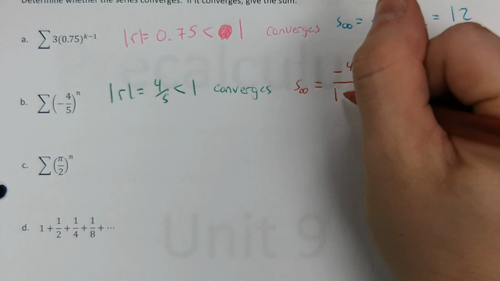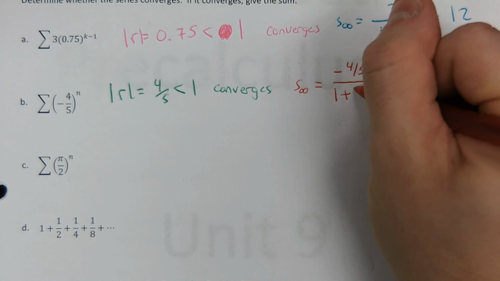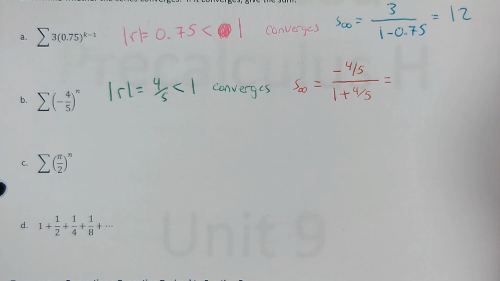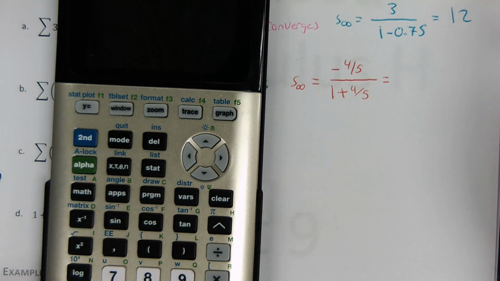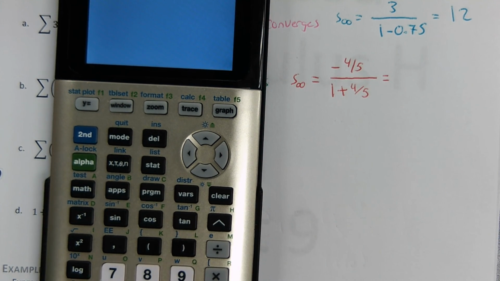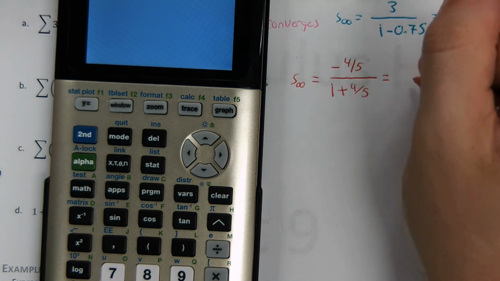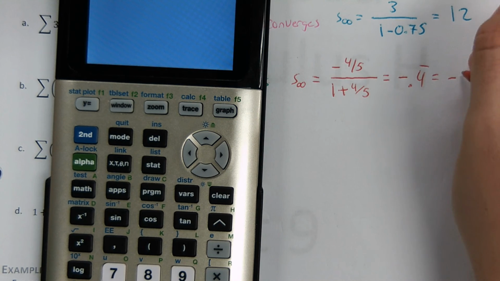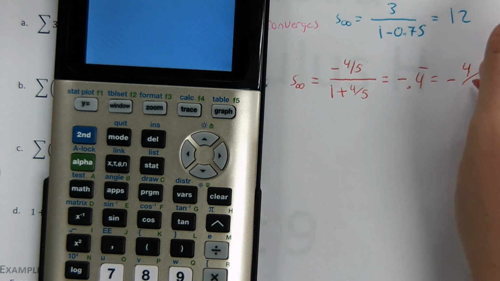And 1 minus -4/5. So -0.8 divided by 1.8 is -0.4 repeating, or -4/9.